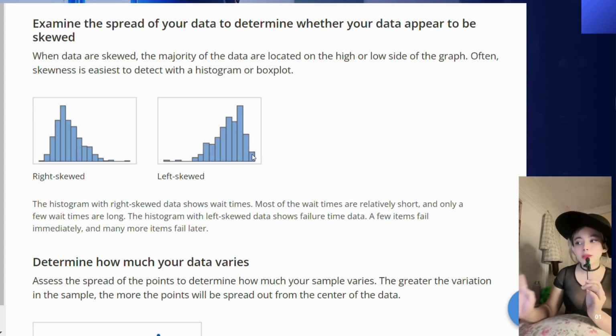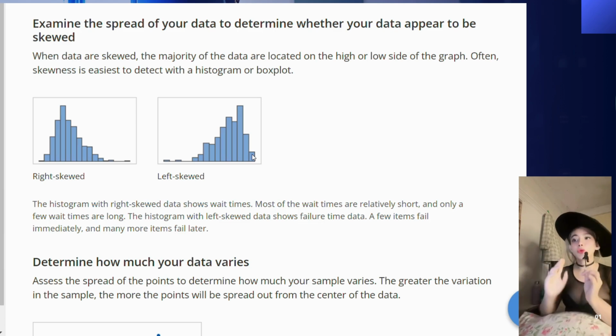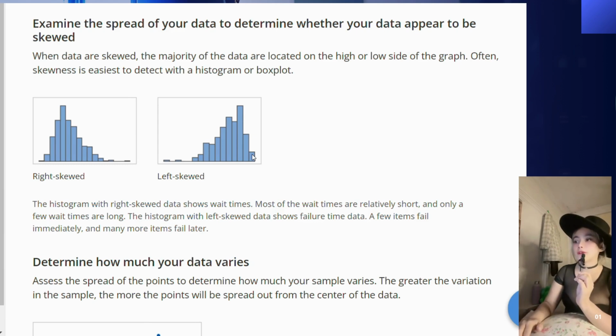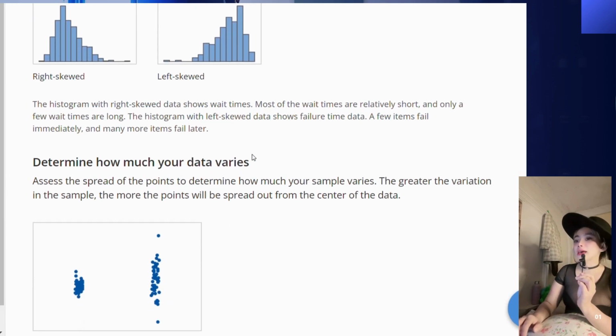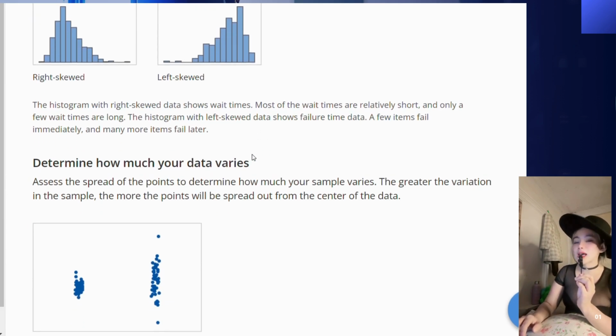This one on the left side says right skewed and left skewed. Again, there will be a higher or lower side of the graph. So just determine that. The histogram with right skewed data shows wait times. Most of the wait times are relatively short and only a few wait times are long.